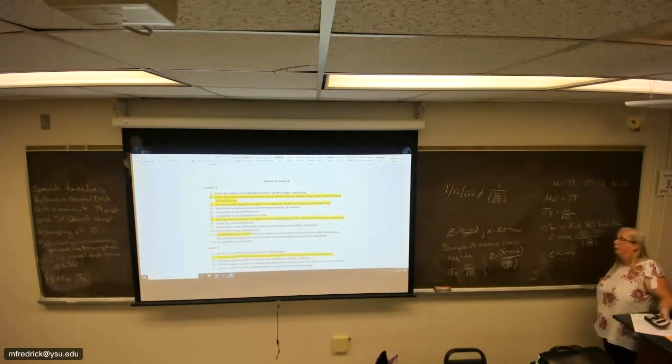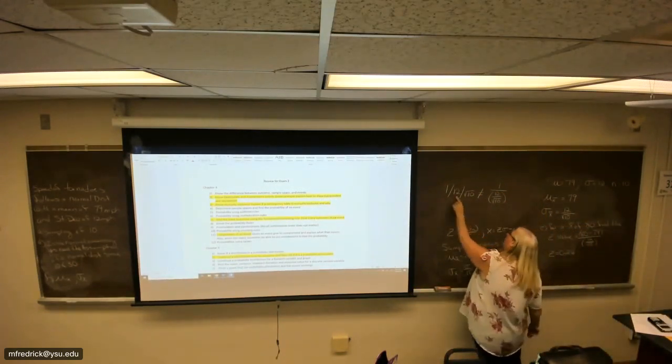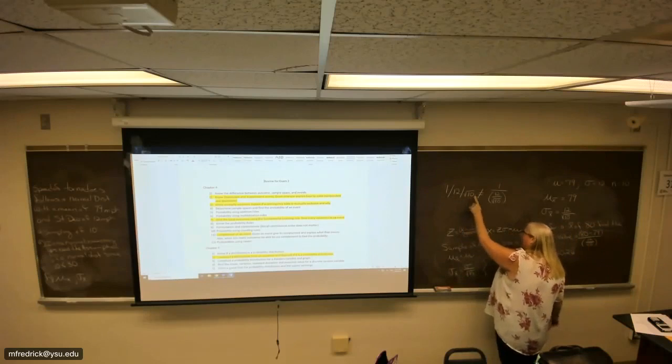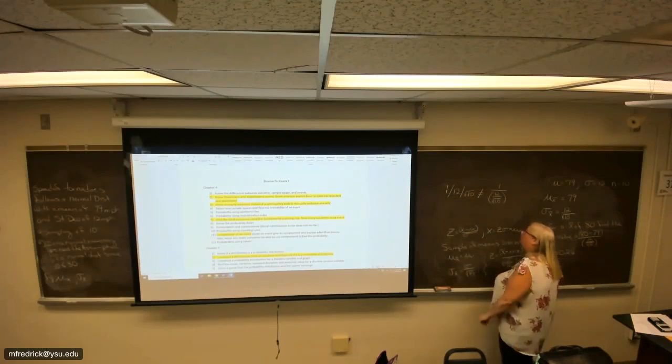If you take 1 and divide by 12 and divide by the square root of 10, it is different than this. They are not the same.